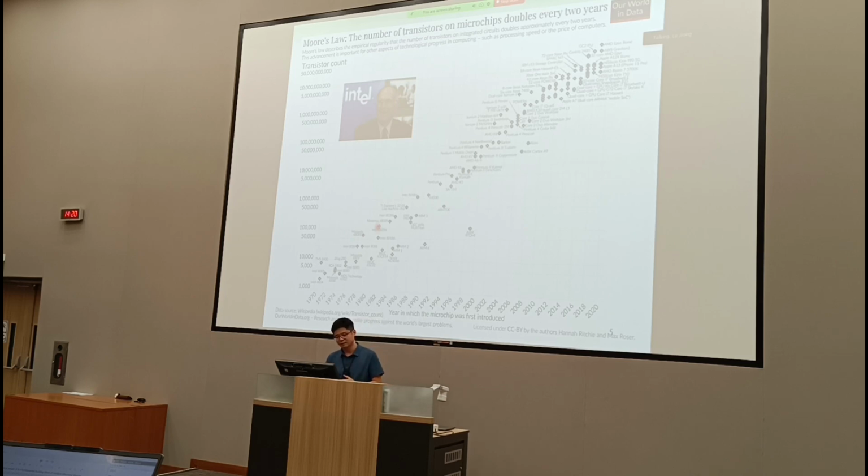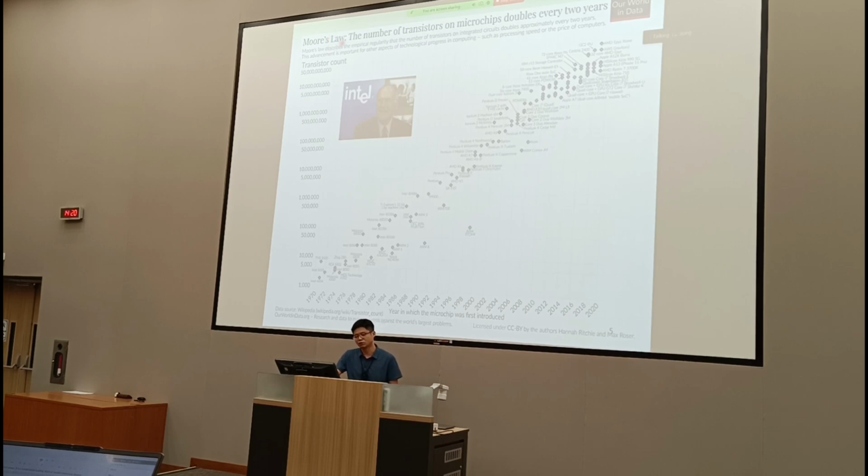So that's this very famous Moore's law. Basically, it describes the evolution of the transistor over time. This empirical law can predict the number of transistors packed on microchips. It doubles every 2 years.